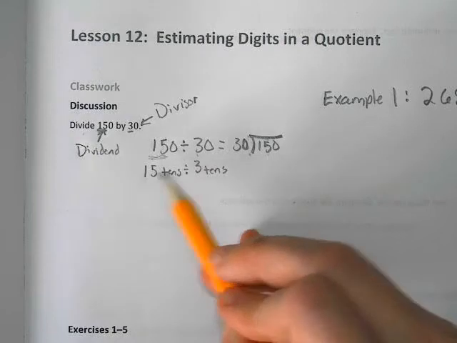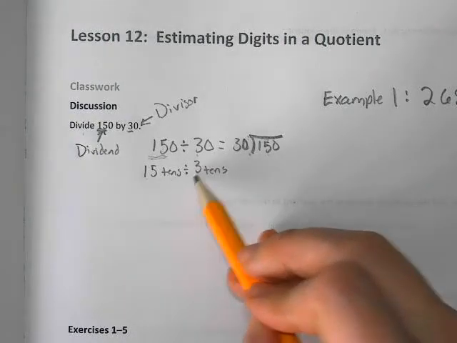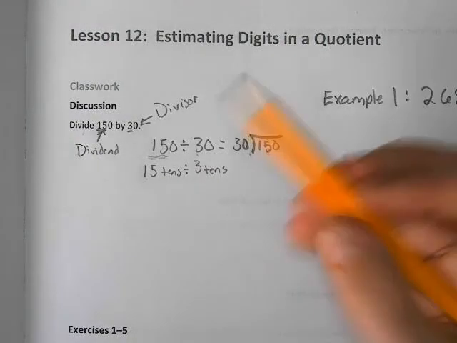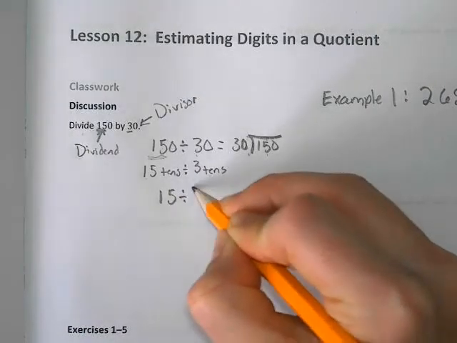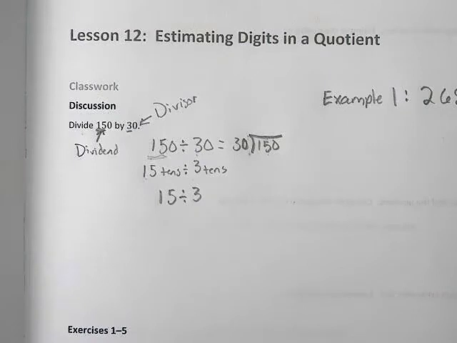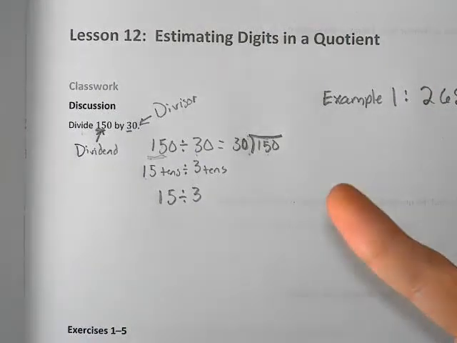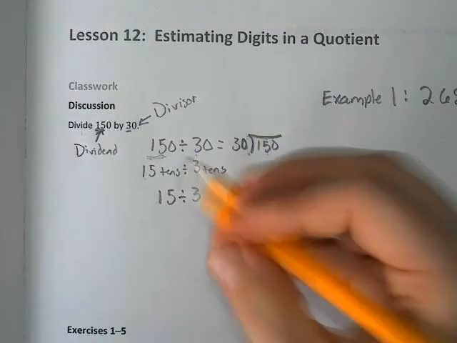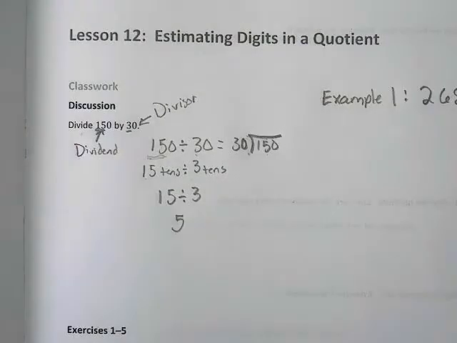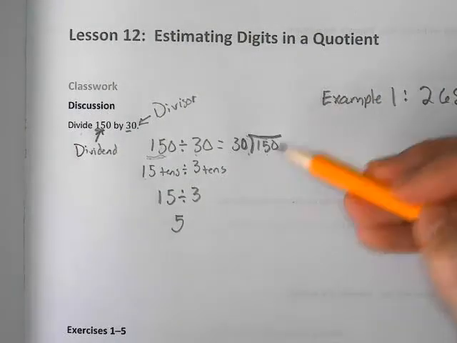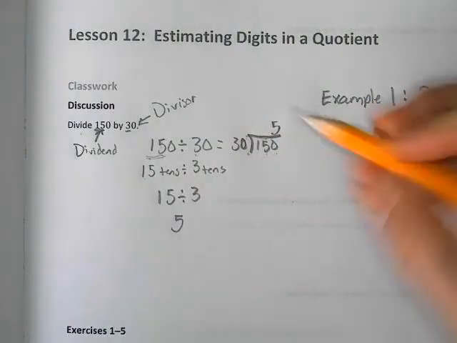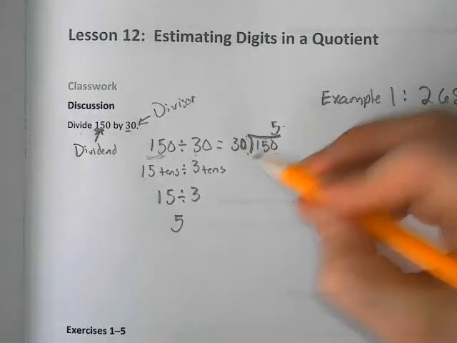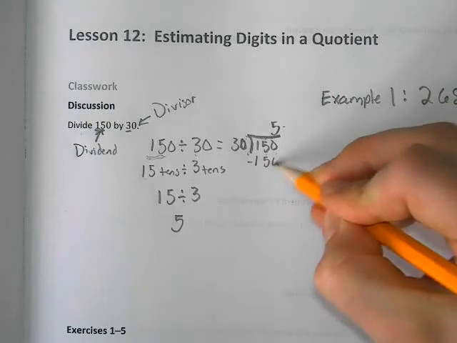So that's the same as saying 15 divided by 3. And we all know our multiples up through 12, so 15 divided by 3 is an easy answer. That's 5. So 150 divided by 30 is 5. 30 times 5 is 150, so I'd subtract 150.